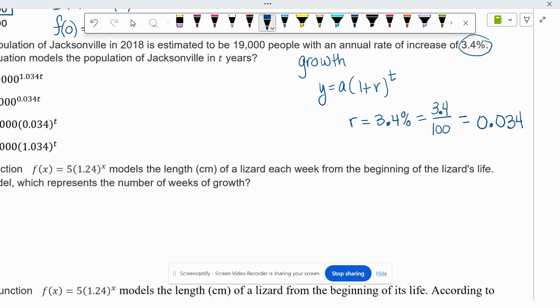Yeah, 0.034. So what is our initial value going to be? What is the value of A? Yeah, no, A is 19,000.